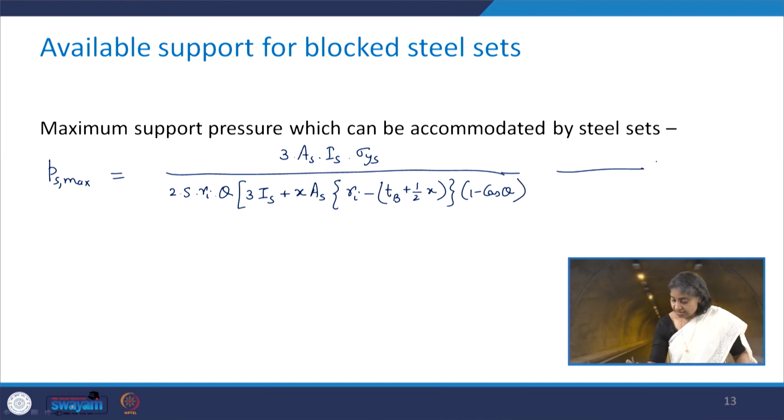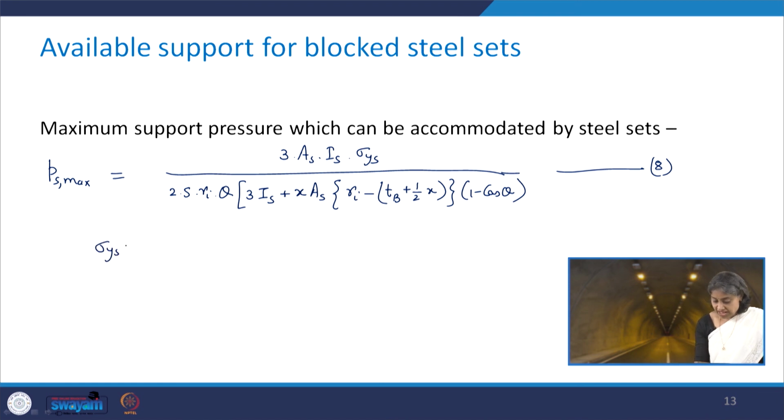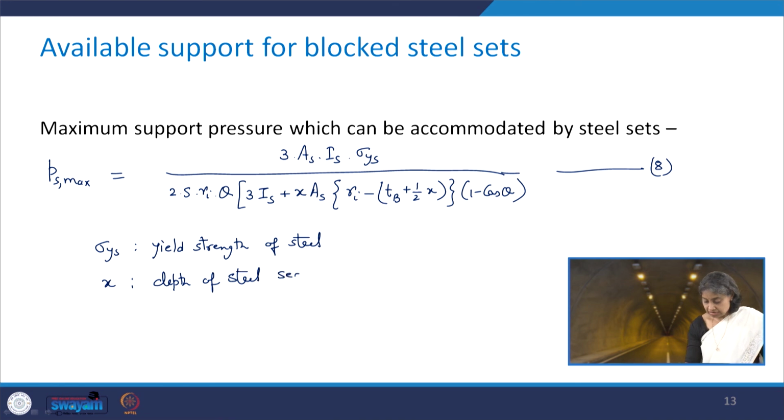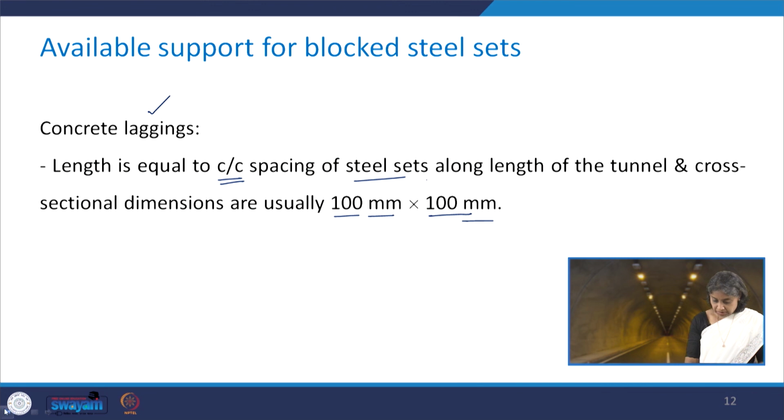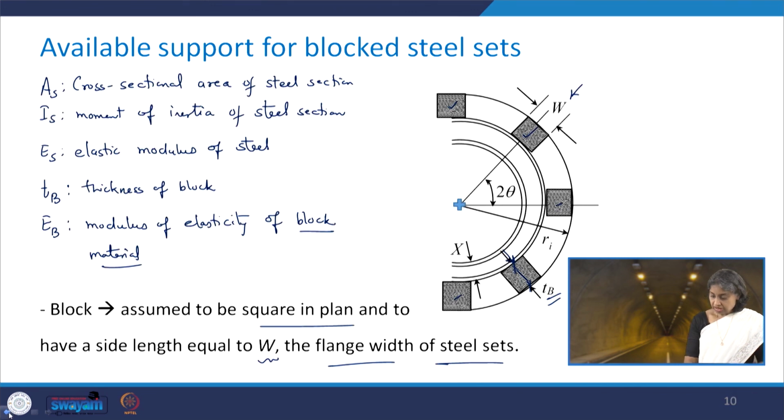I will write this as equation number 8, where sigma YS is the yield strength of the steel and X is the depth of the steel section. So let me take you to the figure here.